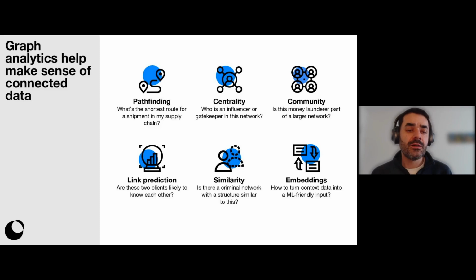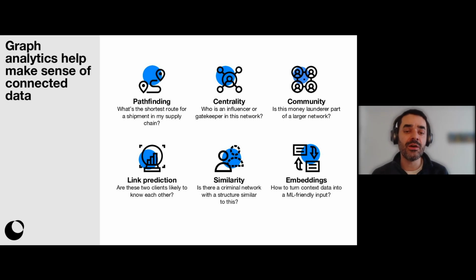So we have seen how to apply graph thinking to various domains. And what's interesting is that there's really a toolbox of algorithms in graph analytics that can then make sense of this connected data. And here you have an overview of some of the popular types of graph algorithms. So it all starts with pathfinding.